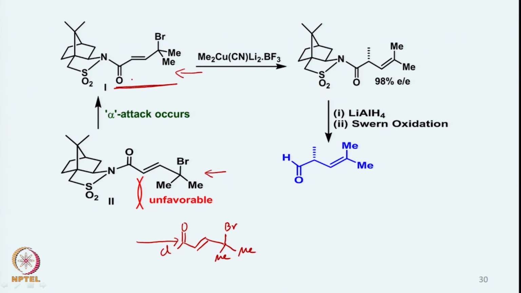This is the one that is more preferred, because the top face is going to be sterically hindered, and this particular one is not sterically hindered, and therefore the carbonyl group orients in this fashion, to which the cuprate then attacks onto this carbon, and then this goes as a leaving group, leading to the formation of this auxiliary contained intermediate, which of course can be reduced with lithium aluminum hydride, and then once we get the corresponding CH2OH, after the amide part is reduced, we can carry out the Swern oxidation and eventually form this beta gamma unsaturated aldehyde, having a C-C bond formed here by the cuprate that we have added.